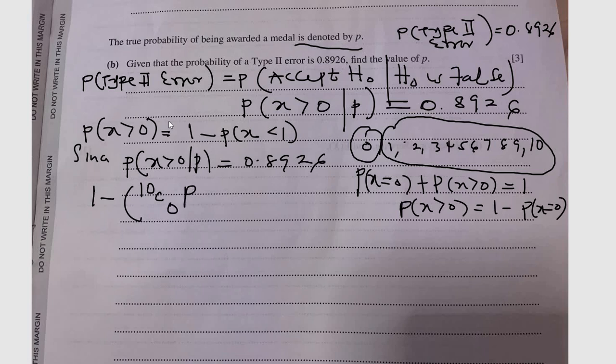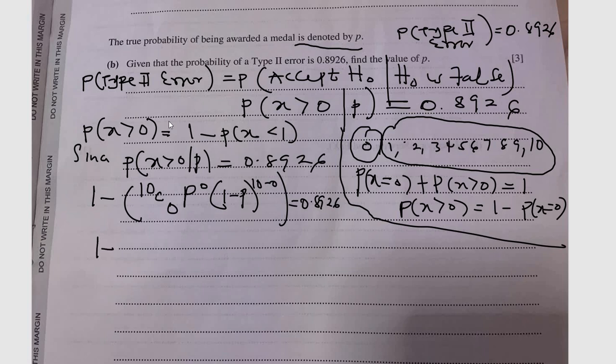Our probability is P raised to the power 0. Q is 1 minus P raised to the power 10 minus 0, equal to 0.8926. I believe you're following.